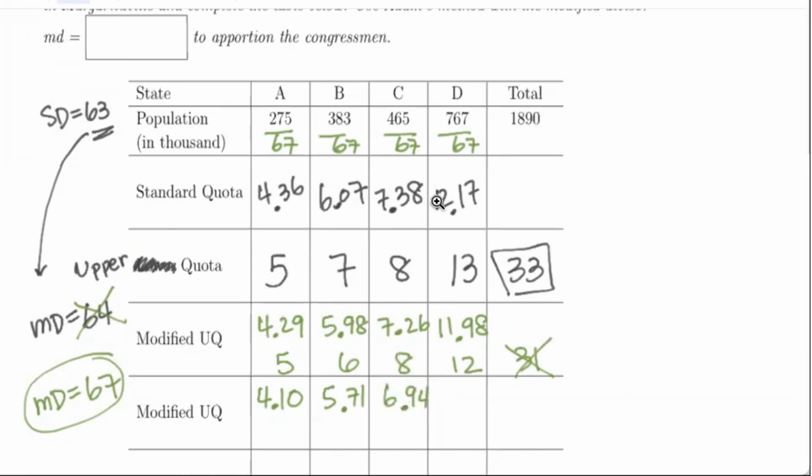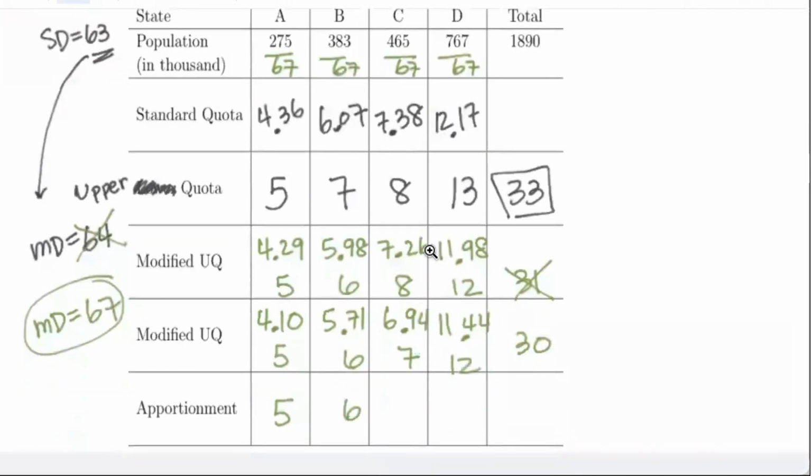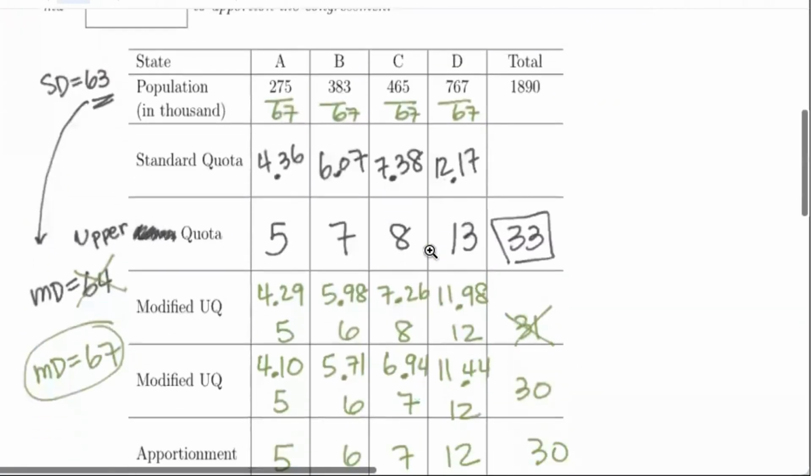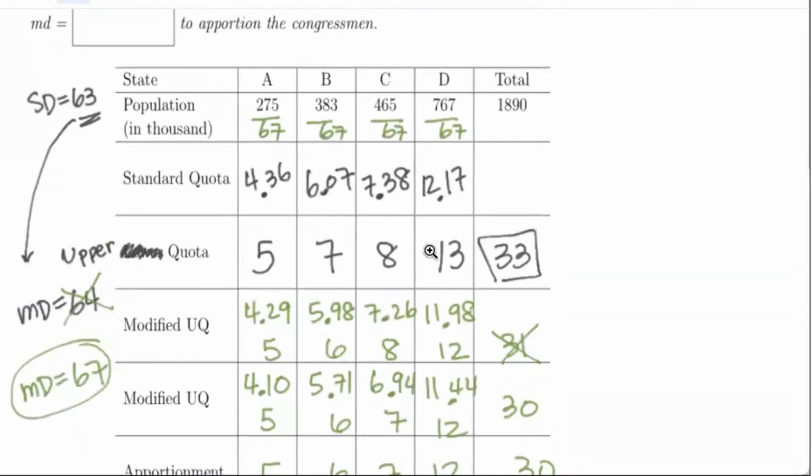And the last one, 767 over 67, is 11.44. And we take the upper quota: 5, 6, 7, 12. We get the magic number 30. So your apportionment is 5, 6, 7, 12, which is 30, and we have a modified divisor of 67.